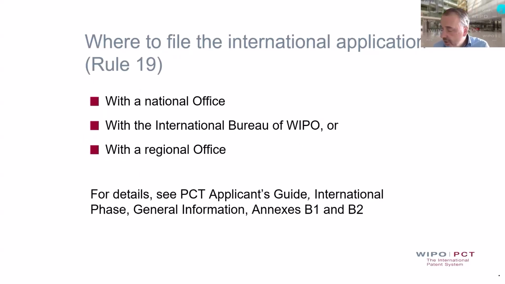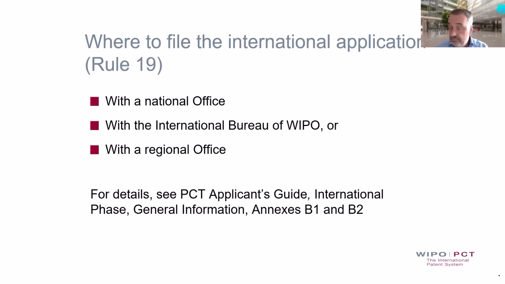So where can you actually then file your PCT application? Well, applicants have at least two choices, and some applicants have even three choices. I think the most common choice for applicants is to turn to their national patent offices.